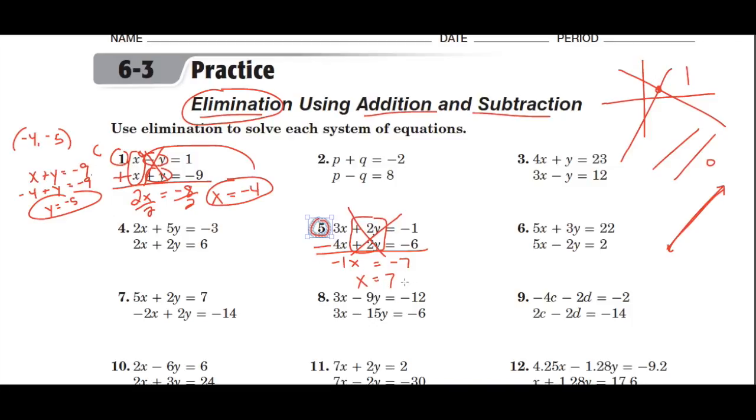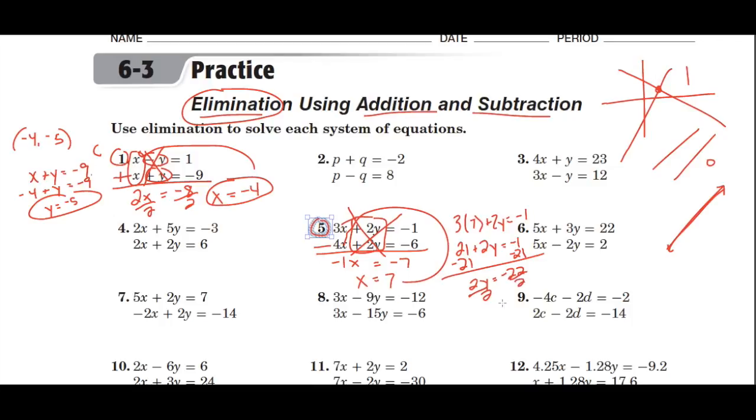Well, if x is 7, I can either substitute it into the top equation or the bottom. It doesn't matter. So I'm going to do 3 times x, which is 7, plus 2y equals negative 1. That's 21 plus 2y equals negative 1. Subtract 21, subtract 21, 2y equals negative 22.